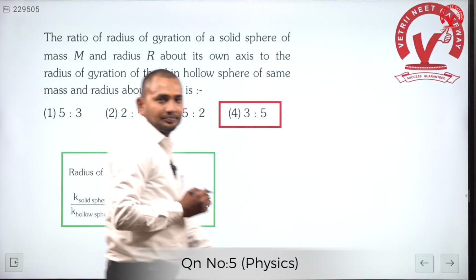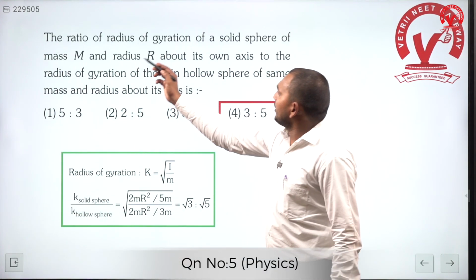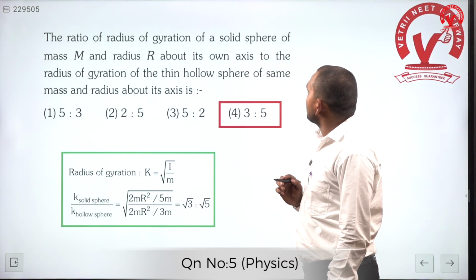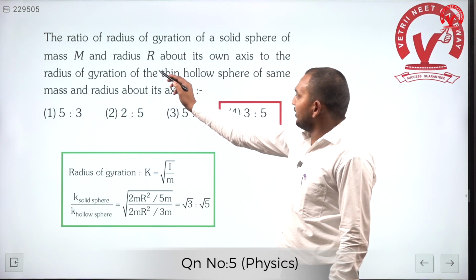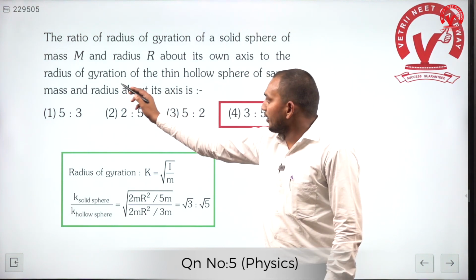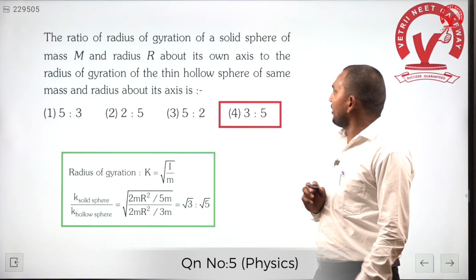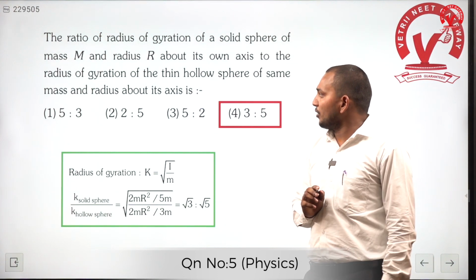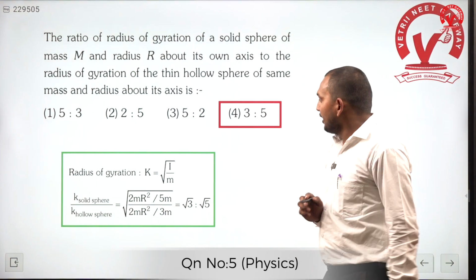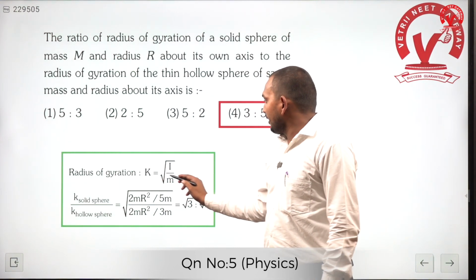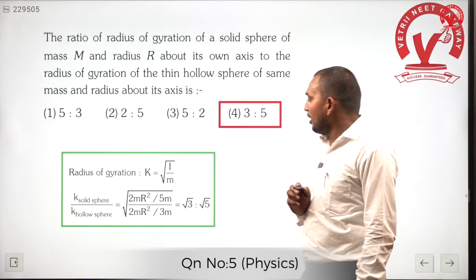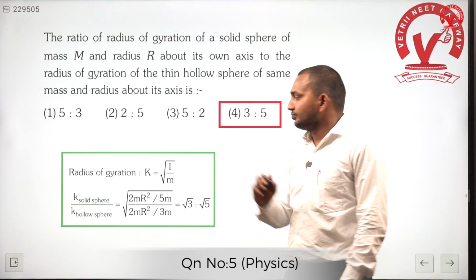Next question. The ratio of the radius of gyration of a solid sphere of mass m and radius r about its own axis to the radius of gyration of a thin hollow sphere of the same mass and radius about its axis. Here we know the gyration radius k is equal to square root of I divided by m.